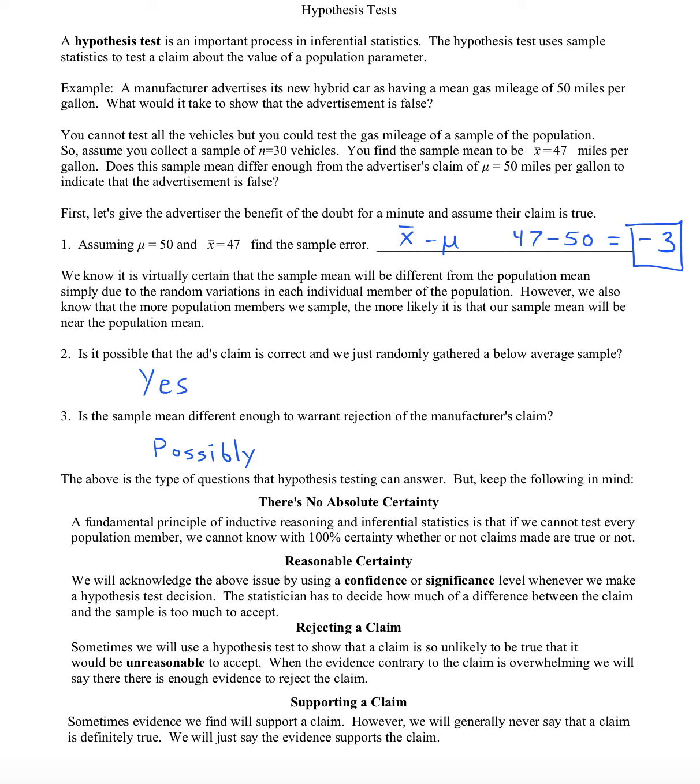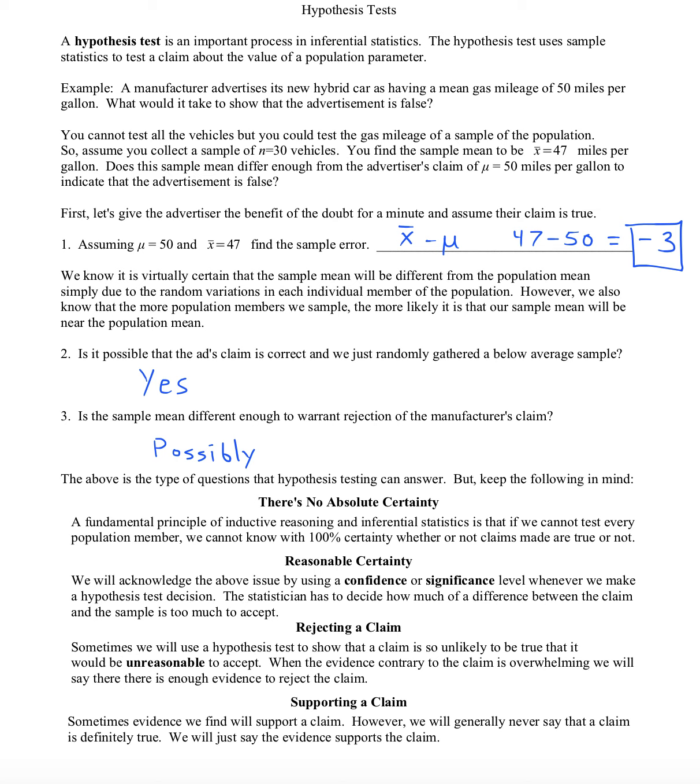The statistician has to decide how much of a difference between the claim and the sample is too much to accept. Sometimes we'll reject a claim. We'll show that a claim is so unlikely to be true that it would be unreasonable for us to accept.